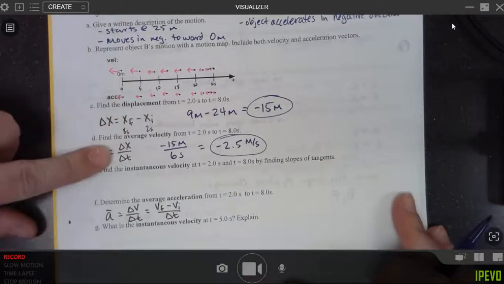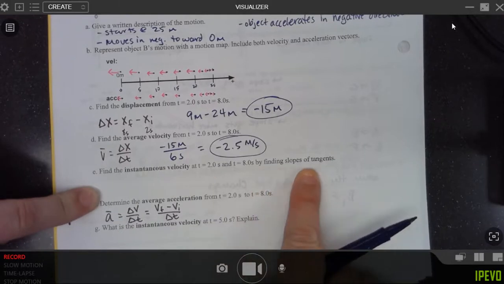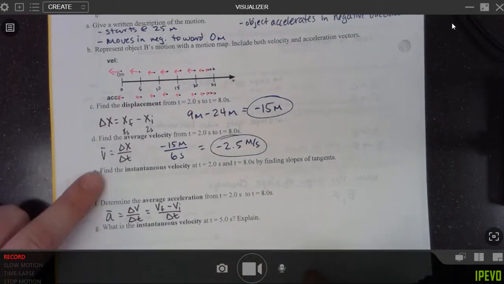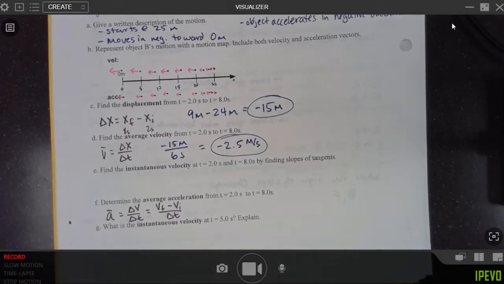Next, instantaneous velocity at 2 and 8 seconds by finding the slopes of tangents. So we're going to have to draw some pictures here. You remember when we did that very first thing in the packet, we were trying to find the instantaneous velocity of the midpoint. And we did that by looking at the average velocity of 2 points that were an equal amount of time on either side.